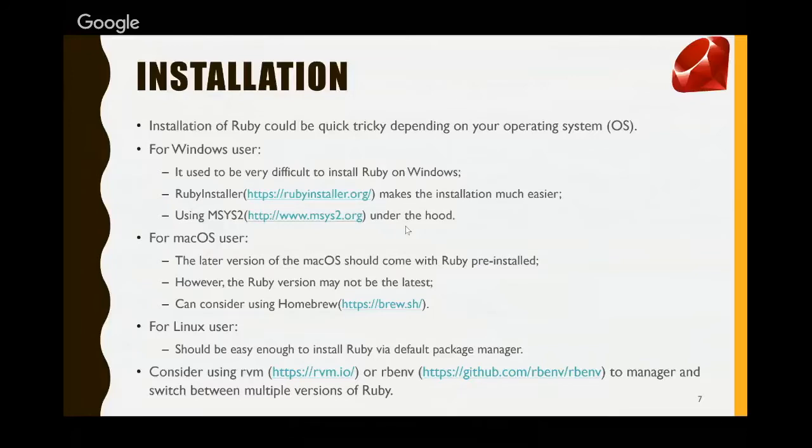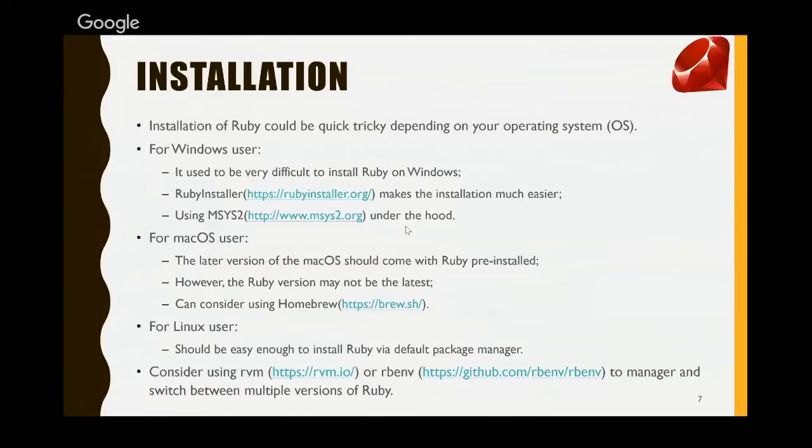Another thing is that Ruby has a lot of versions. In some other languages you can just use the latest version, but since some libraries do not support the latest version, you are going to change the Ruby version very frequently.